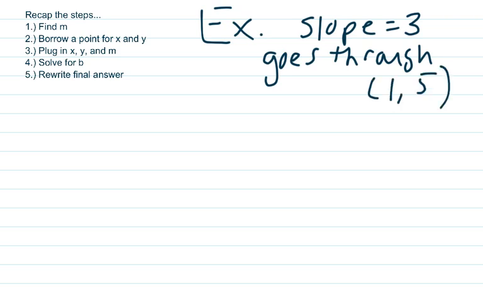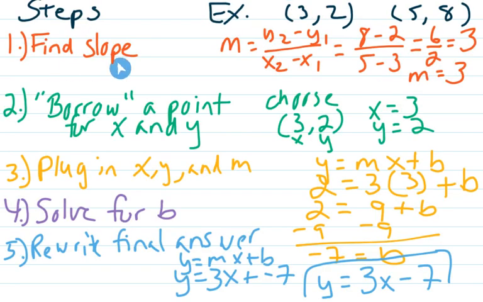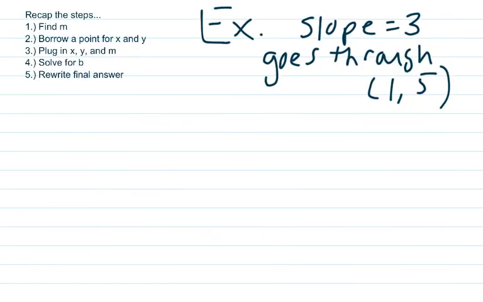Now, the reason this is easier is because if you look at the first step, it was to find the slope. In this problem, I am told that the slope is 3. So this one's a little bit easier because the first step is already done. I'll go ahead and I'll just write m equals 3. Yay, first step is already done. So we didn't even have to do that first calculation.